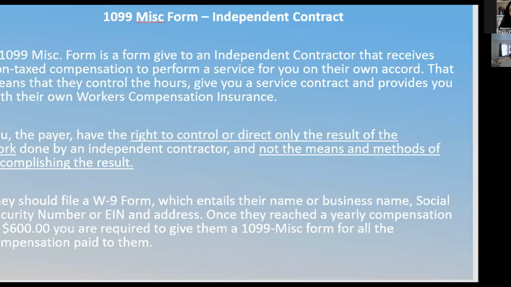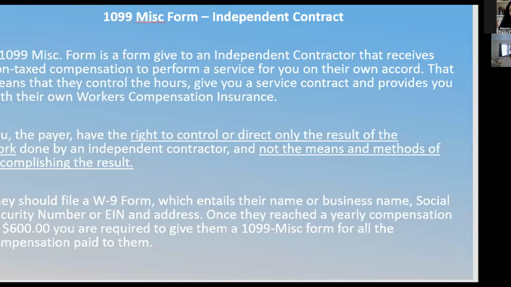If you do get people on 1099, like independent contractors, you have to make sure that you have two things. One, a W-9. Why? Because at the end of the year, what happens is this: we're running our business and we forget, and then tax time comes, and then, oh my God, we're stuck with a liability. Once you have your W-9 on file, at the end of the year, you're not going to have a problem giving those recipients their 1099 forms, and that's going to mean fewer problems for you.